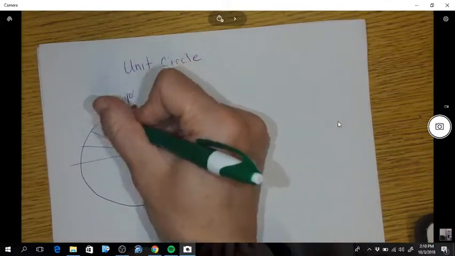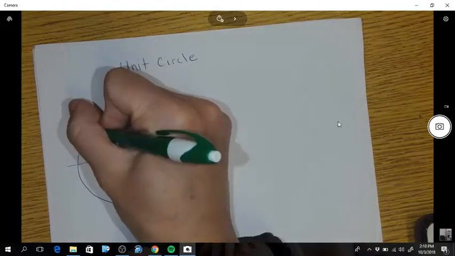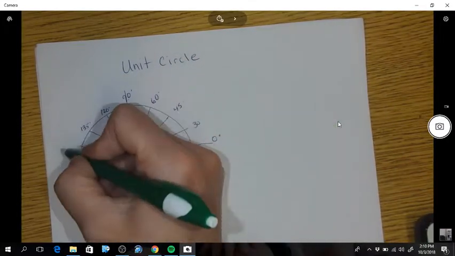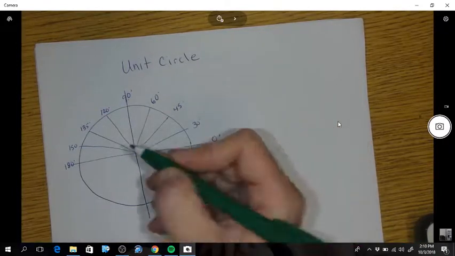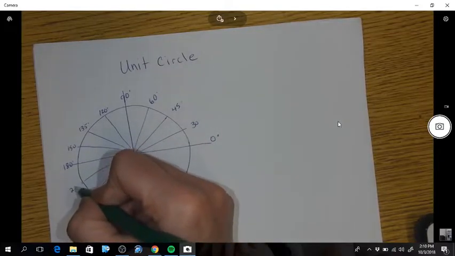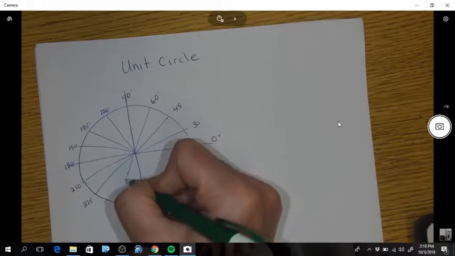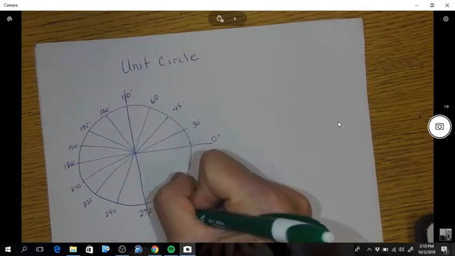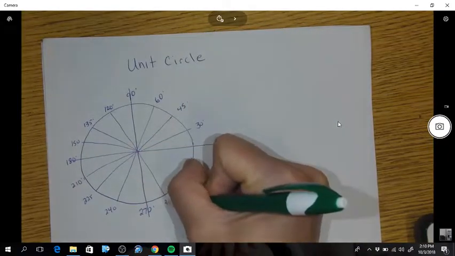Okay, so now we gotta go 30 in, so we're at 120. We're gonna go 45 in, so that's 135. We're going to go 60 in, 150, 180. All right, 30 in is 210. 45 in is 225. 60 in is 240, 270. 30 in is 300.